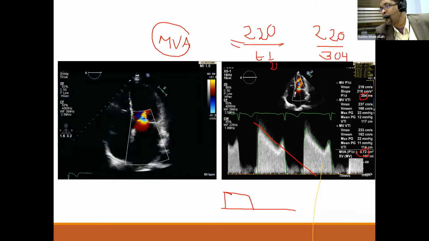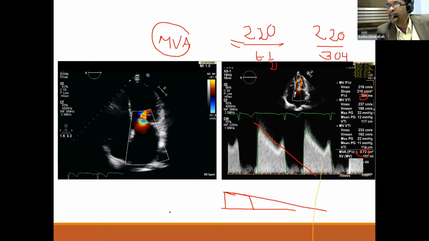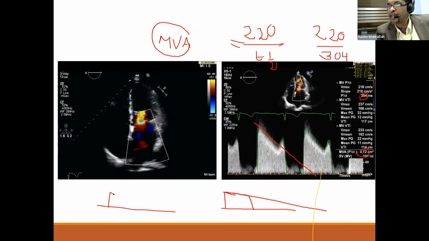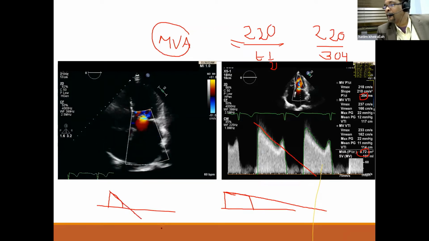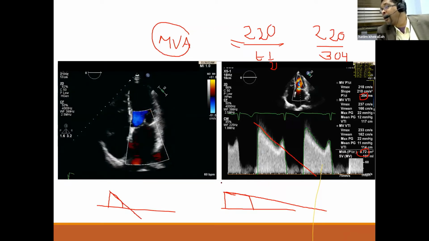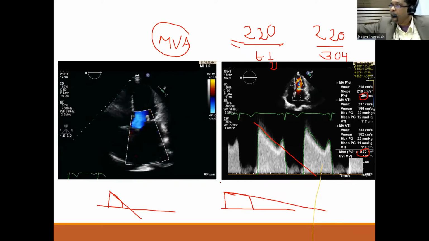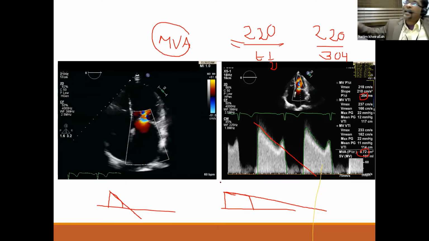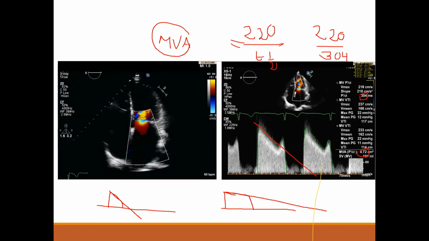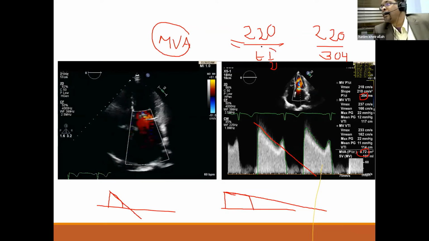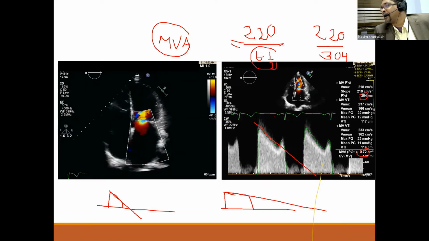If I take another signal which looks like this, the slope will be steeper. So the longer the left atrium takes to empty into the LV, the more severe the stenosis. That is commonsensical, right? The longer the pressure half time, the more severe the stenosis because the area is tighter.